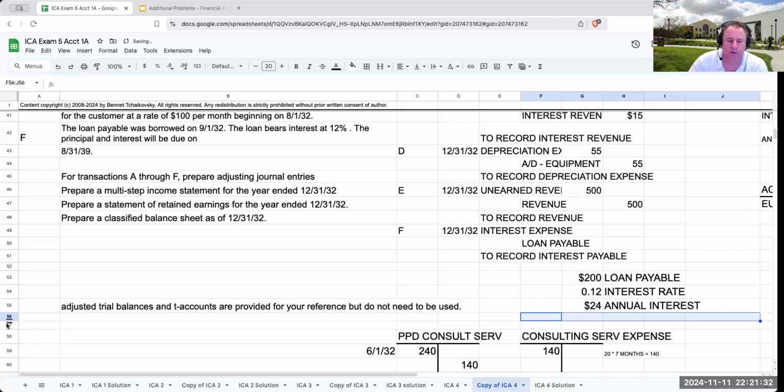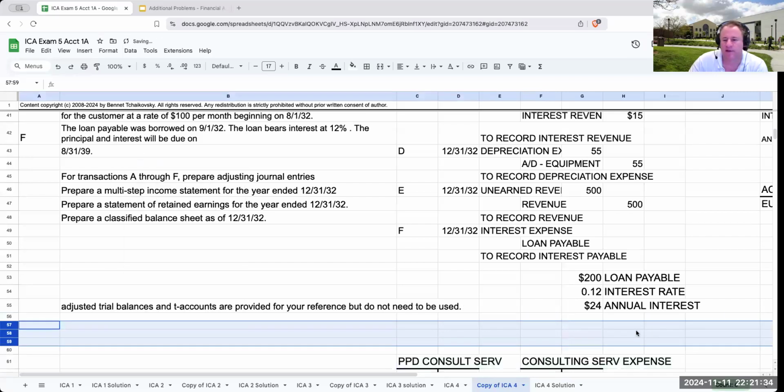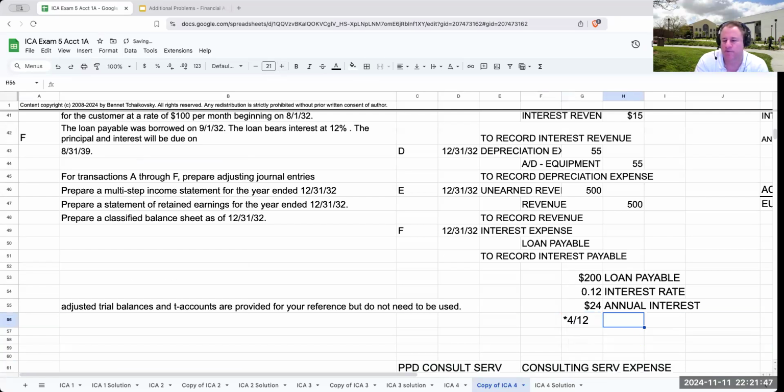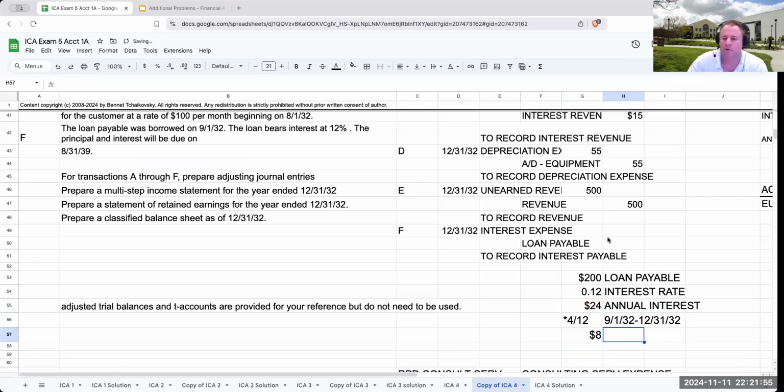So what I'm going to need to do is make the adjustment. I'm going to multiply this, since I borrowed it on September 1st: September, October, November, December. So over here, this is going to be times 4/12, or this is going to be 8.